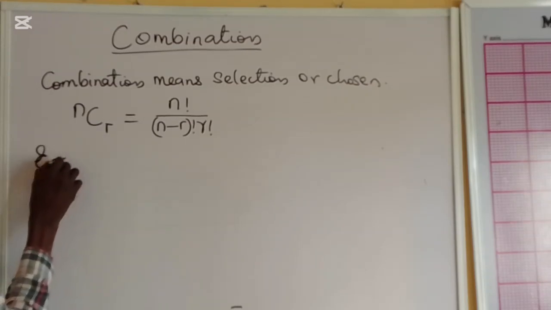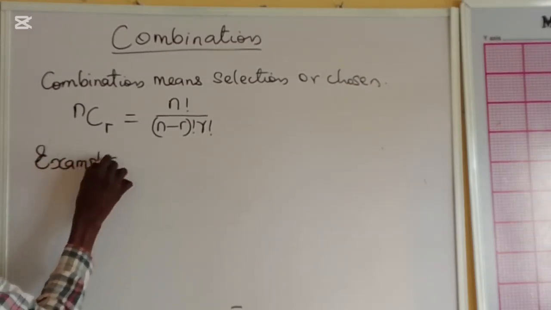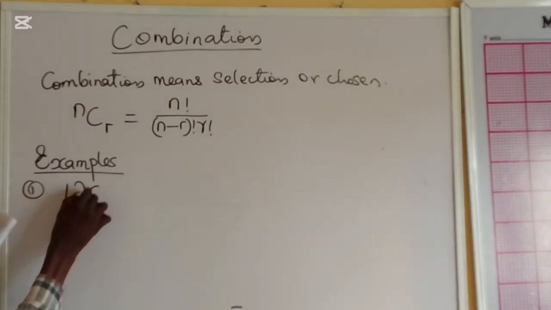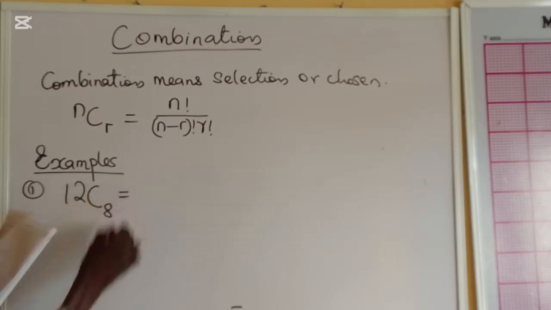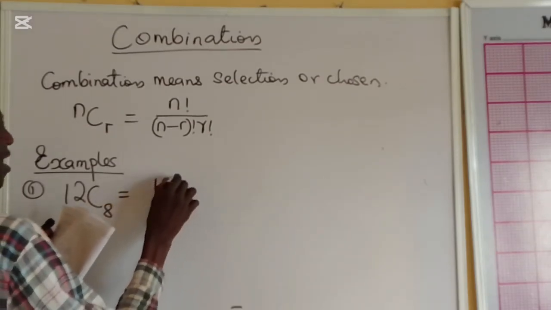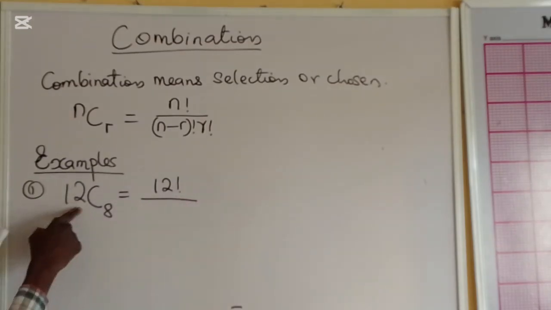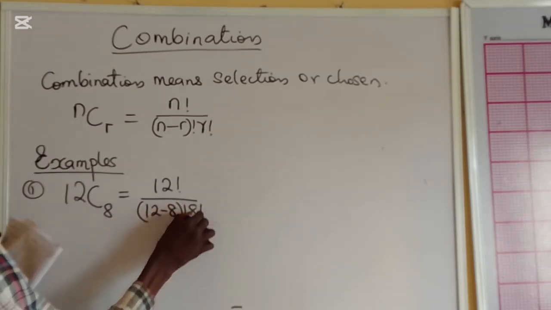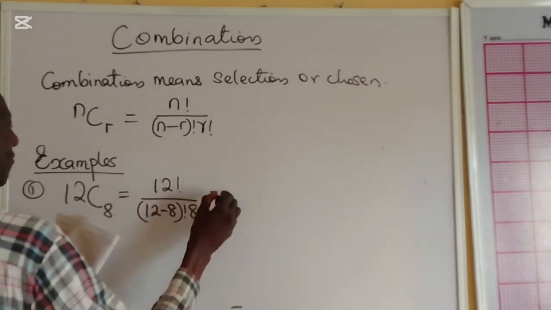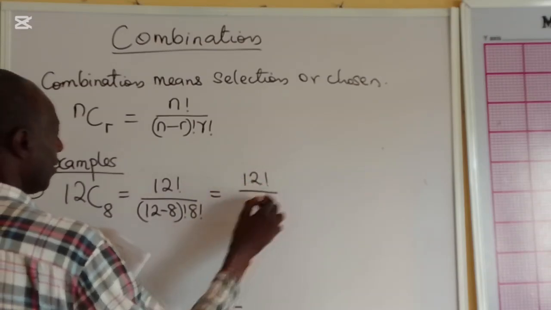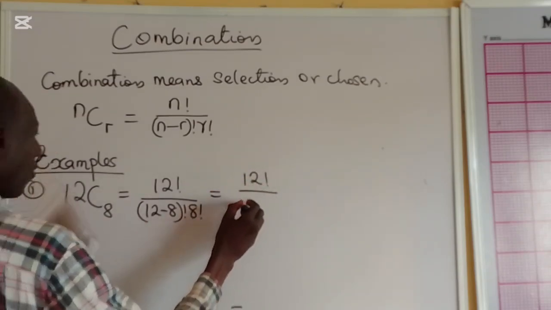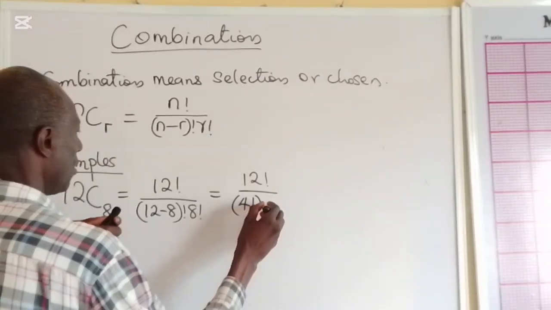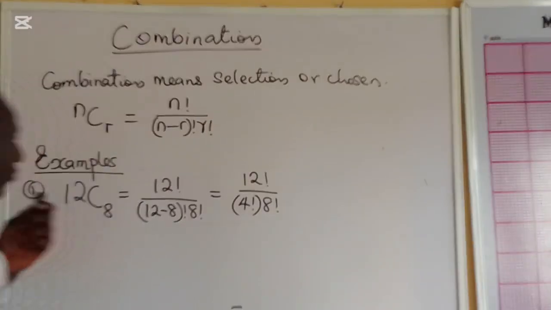Example 1: 12 combination 8 simply means 12 factorial over (12 minus 8) factorial and 8 factorial. 12 minus 8 is 4, so we have 4 factorial, then 8 factorial.